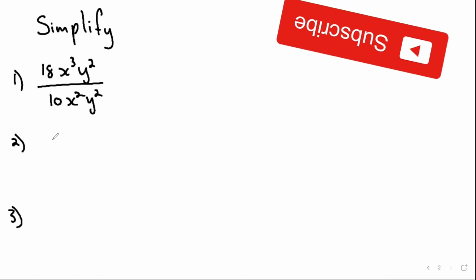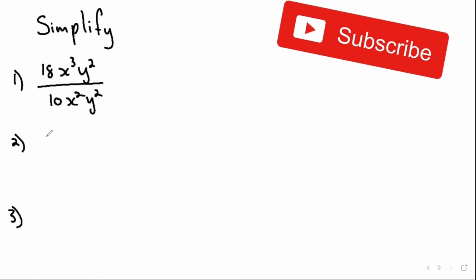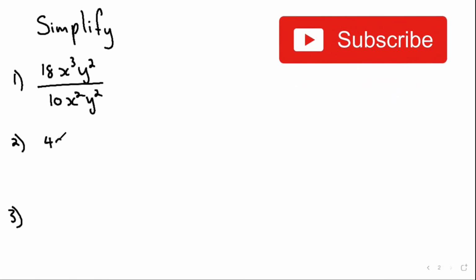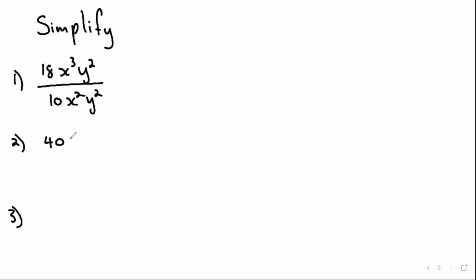Then here, let's try another one. Supposing we have something like 40p divided by something.